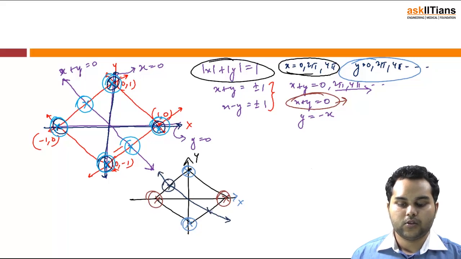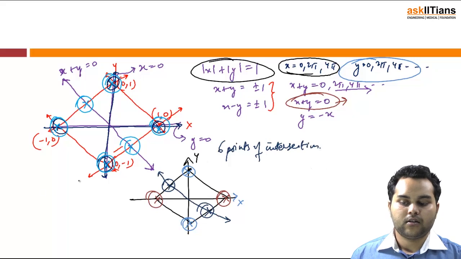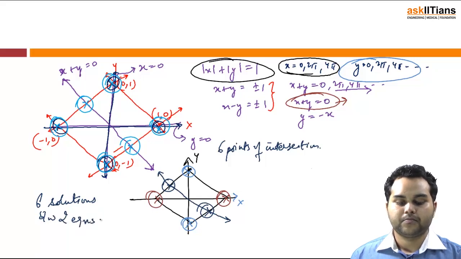So these were 2 more points, and hence there were 6 points of intersection, or shall I say 6 solutions between 2 equations.